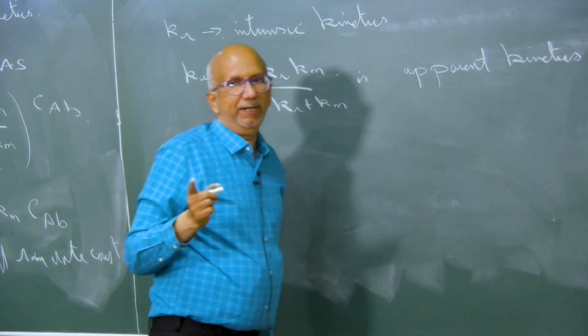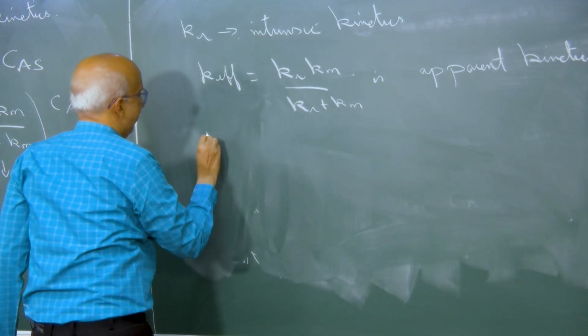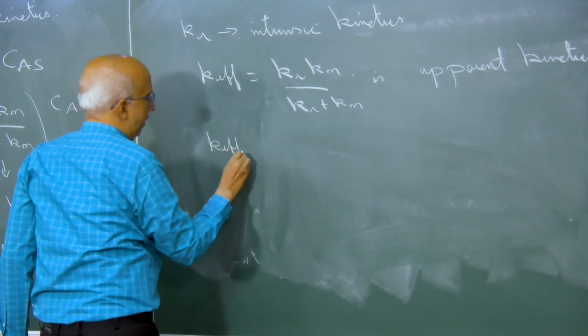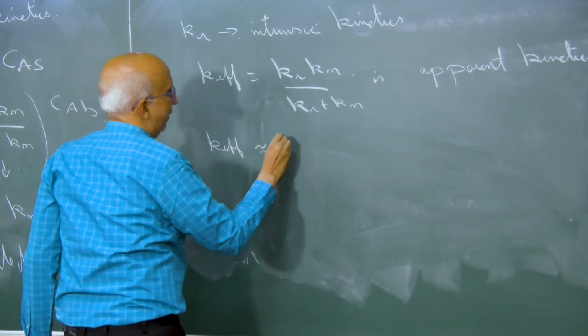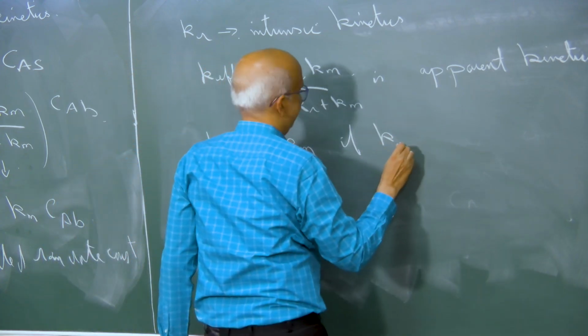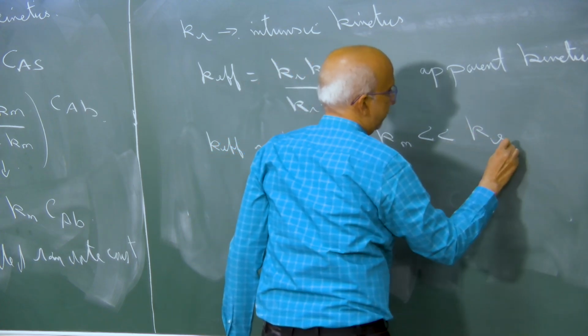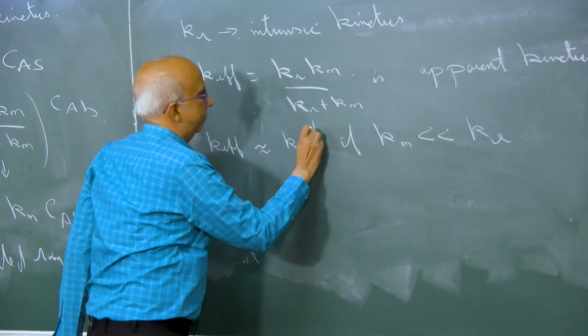Why is it apparent kinetics? Because it is getting modified by the mass transfer coefficient, and K effective is approximately equal to Km if Km is much smaller than Kr. So, this is simplifying to this.